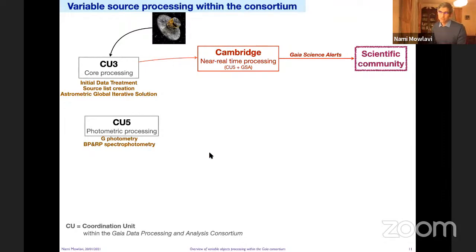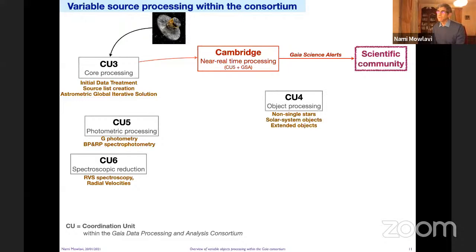Just to give a short summary of the different coordination units: you have CU5, which is the basic photometric processing, which calibrates the G band, BP and RP spectrophotometry. CU6, which goes through the spectroscopic reduction and analyzes the RVS spectrometer data and provides the radial velocities that are being published. CU4, which treats non-single stars, solar system objects, extended objects.